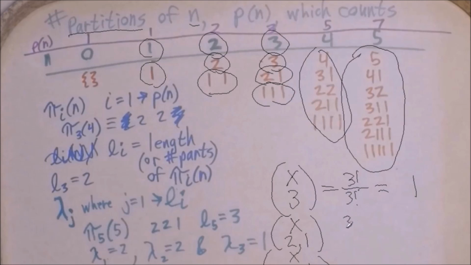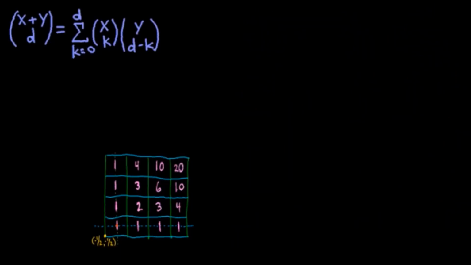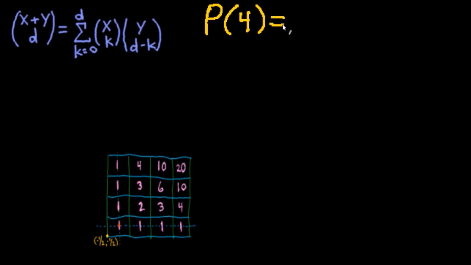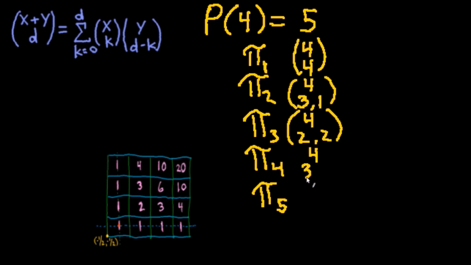So if the upper argument of your multinomial coefficient is 5, there are only 7 multinomials that you can have if your lower arguments are going to be split into positive integers. So here on the screen, let's list out the 5 partitions of x equals 4. And then let's look at the 5 resultant multinomials that are possible when x equals 4.